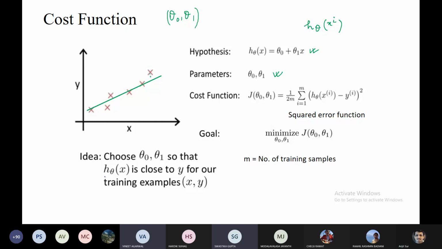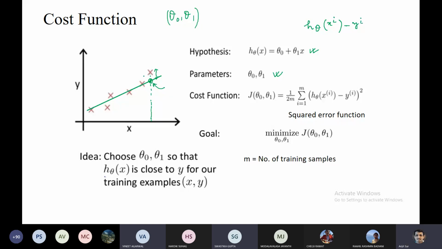This point is predicted by h theta, but this is the actual point. So this point is given by this term, h theta x of i, minus the corresponding actual value y of i.